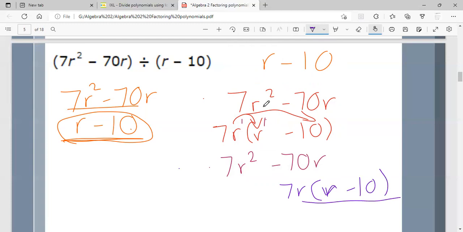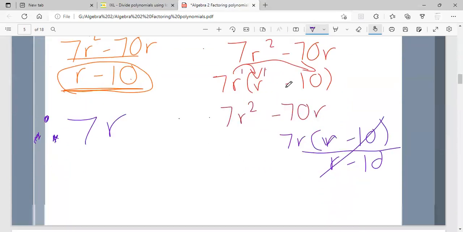I know my r's look like these. I have an r minus 10 here. So you're right. The r minus 10 cancels out. So my answer is just 7r. And again, anytime you guys see me draw circles in the formation of a triangle, that means I'm done. That's my final answer. And I'm not changing my mind over it. All right, let's move on.